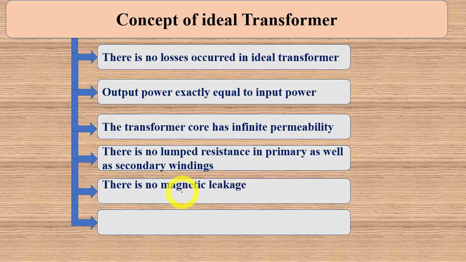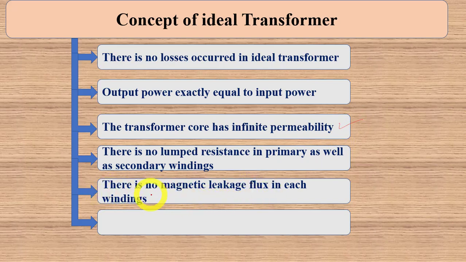And magnetic leakage flux in each winding is absent, because the permeability of the transformer core is infinite. That means no magnetizing current is required for establishing magnetic flux in the core, so there is no magnetic leakage flux.